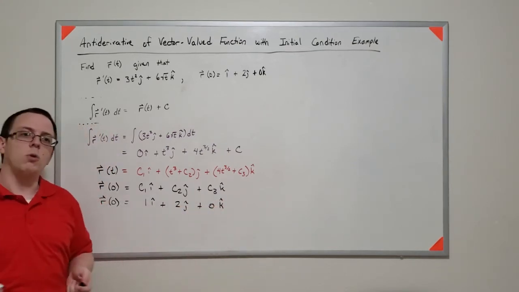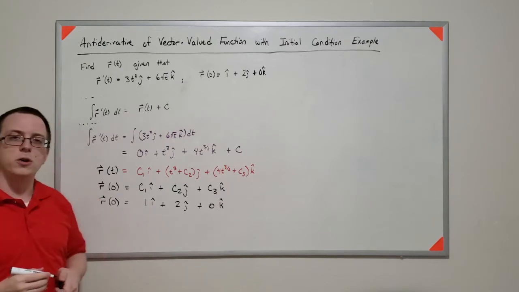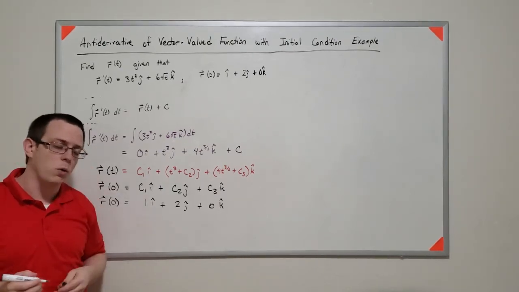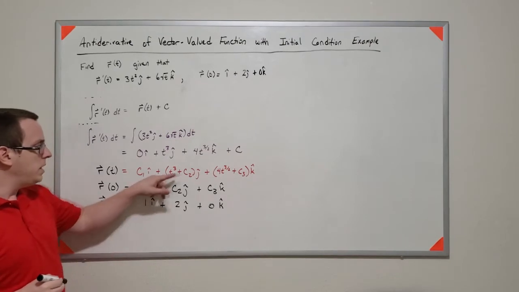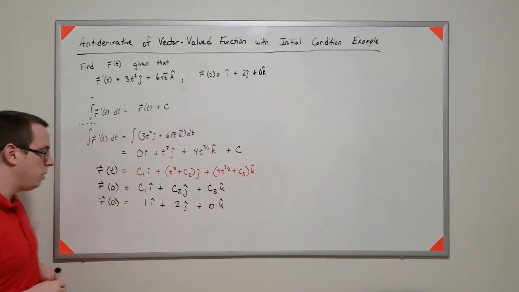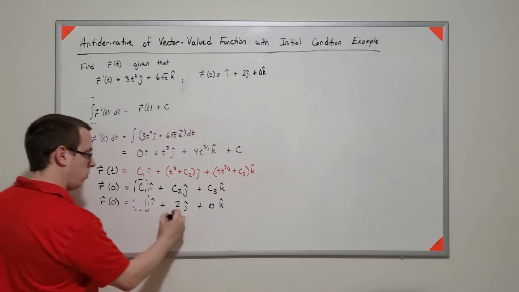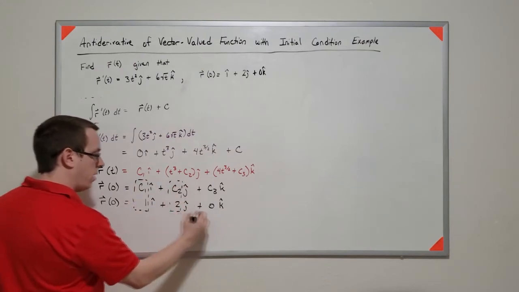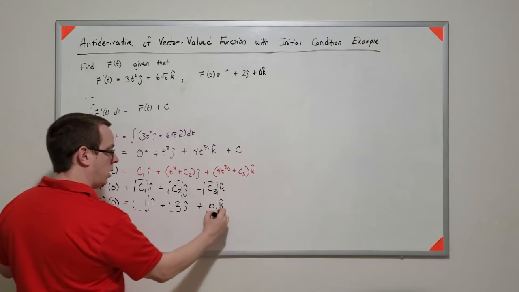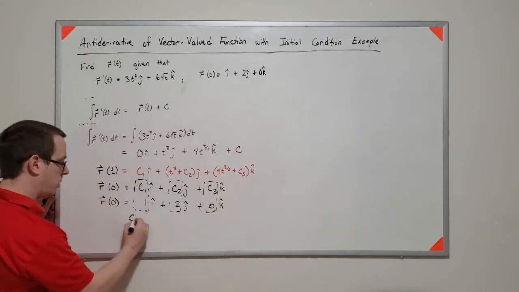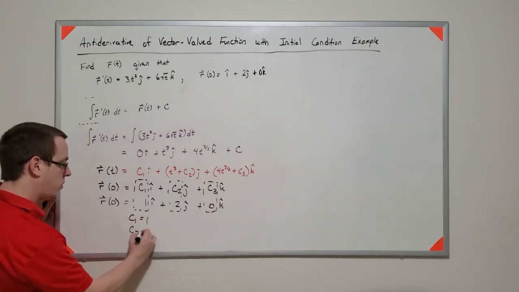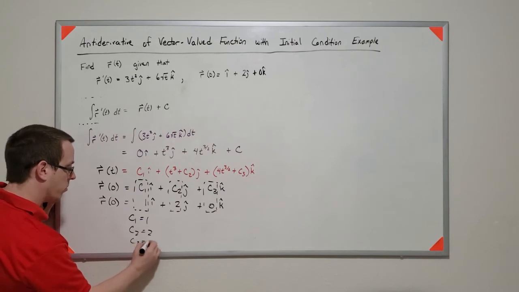So in general, if this was r of 1 or something, we might have to work a little harder for it. But these disappeared because t was equal to 0. So we know these values have to match. So C1 equals 1, C2 equals 2, and C3 equals 0.